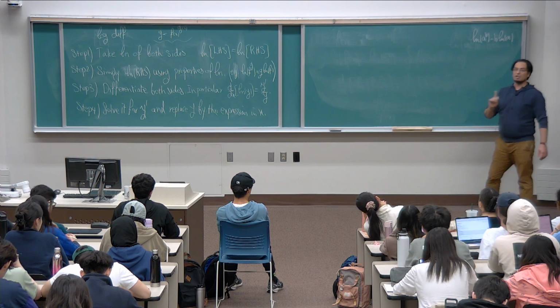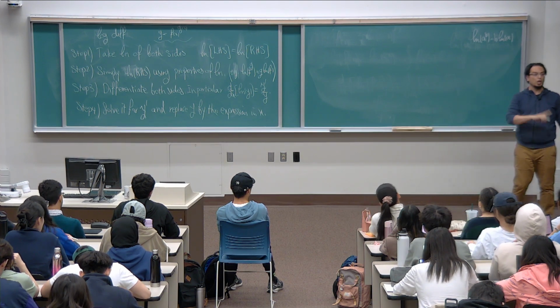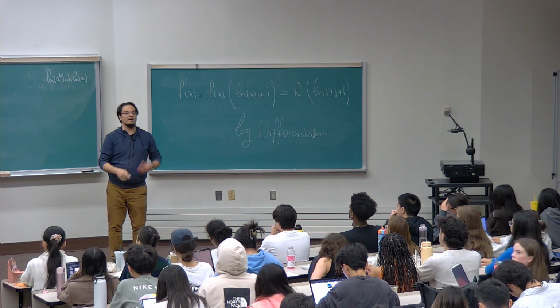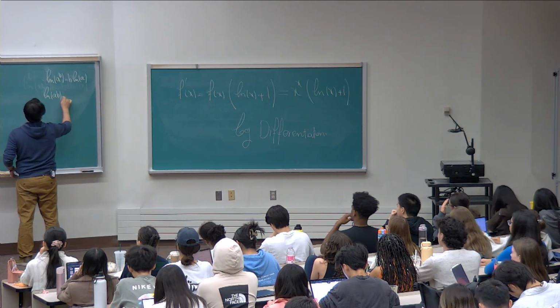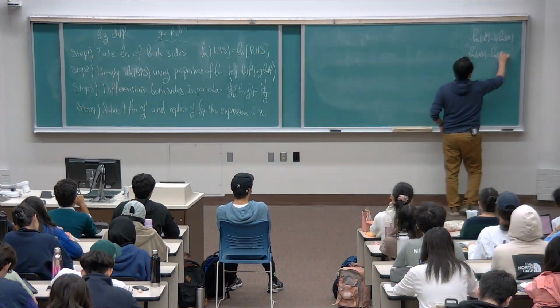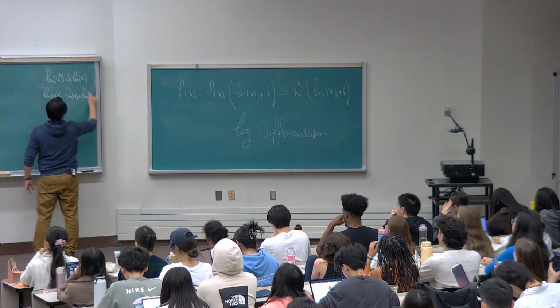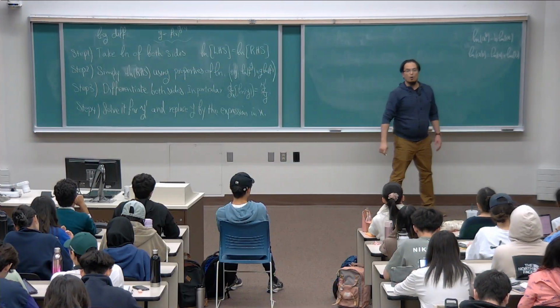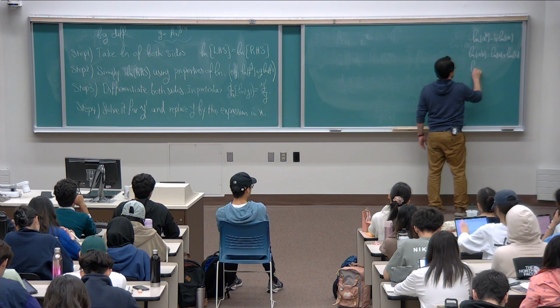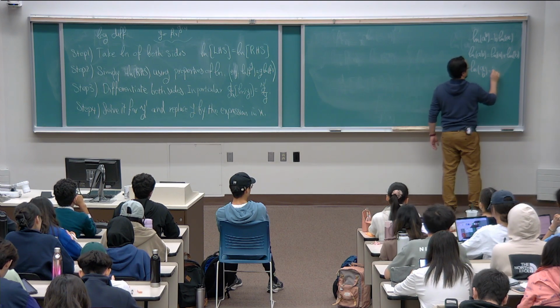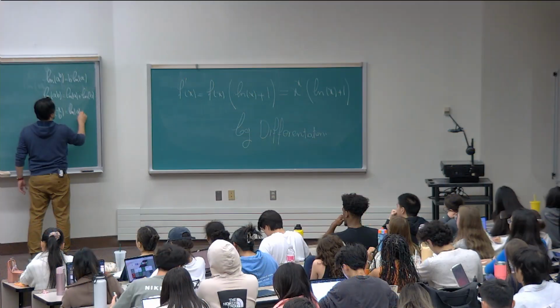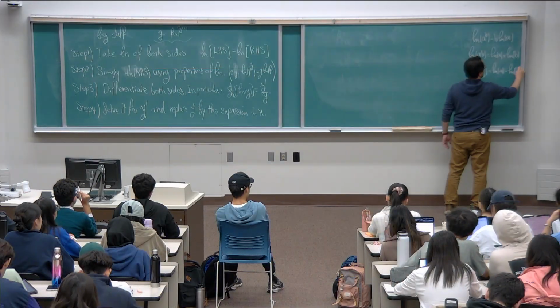There are also other properties of ln that can simplify things. For example, ln of ab equals ln a plus ln b. Or if I have ln of a over b, then it would be ln of a minus ln of b.